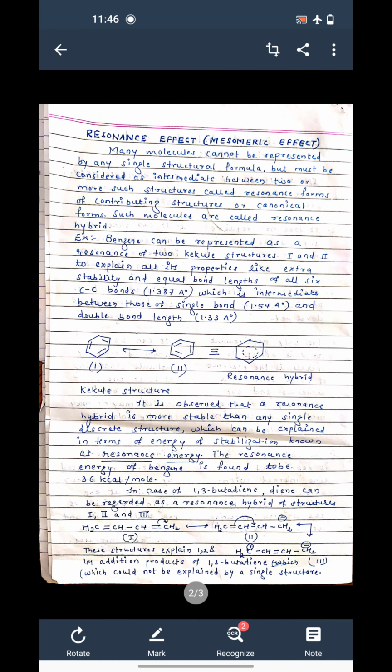The next effect is the resonance effect, which is also known as the mesomeric effect. Many molecules cannot be represented by any single structural formula, and in that case we consider an intermediate between two or more such structures, which are called resonance forms. They are also known as canonical forms, and such a molecule is called a resonance hybrid.